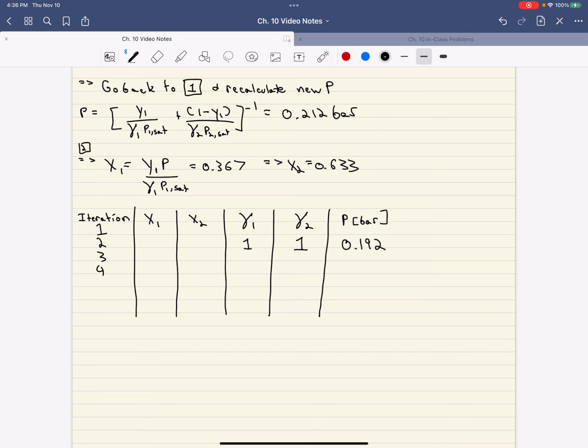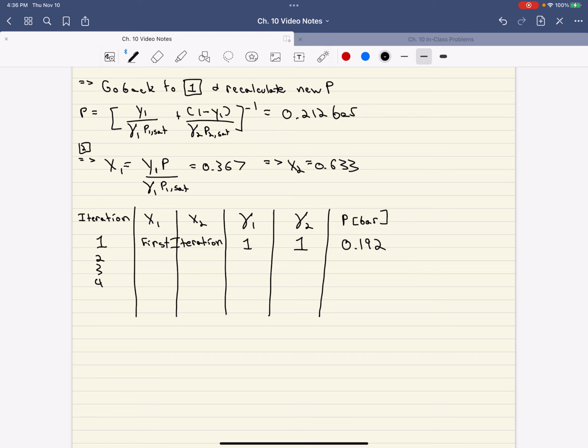Okay? Oops, actually, I misaligned. 1, 2, 3, 4. So here's our first iteration. Okay? Alright, so we start off with an initial guess of 1, 1 here. Update our estimated pressure.